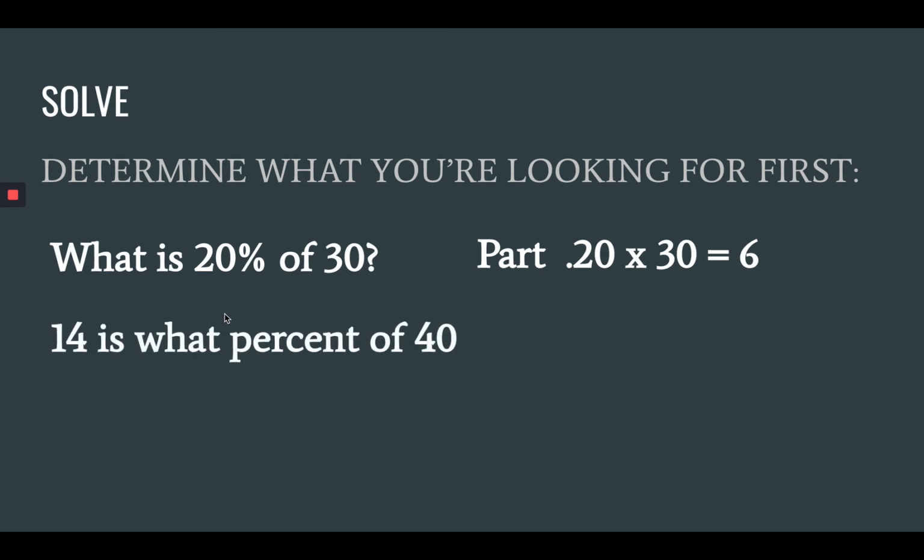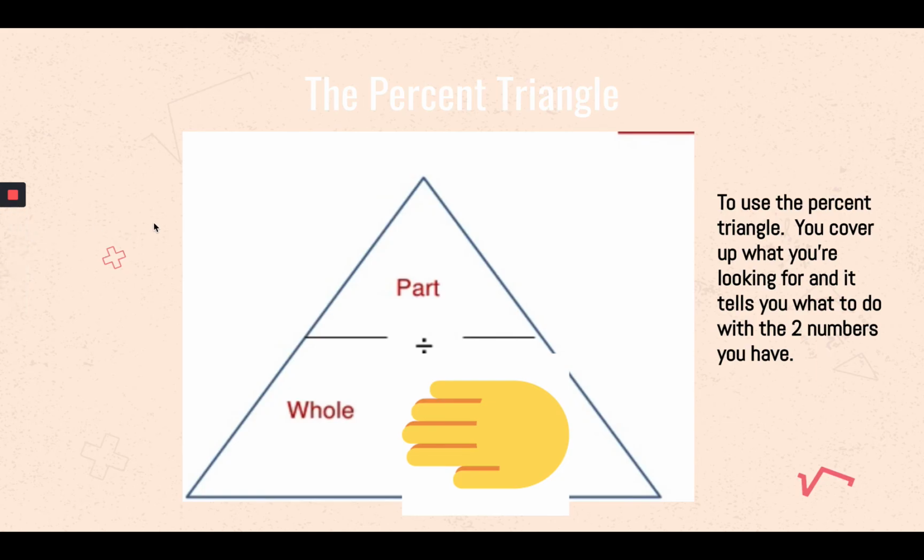14 is what percent of 40? So think about what you have. You've got 14 is, that's the part, of 40, that's the whole, and you might notice right in the middle here it says what percent. You're looking for the percent. So cover up what you're looking for.